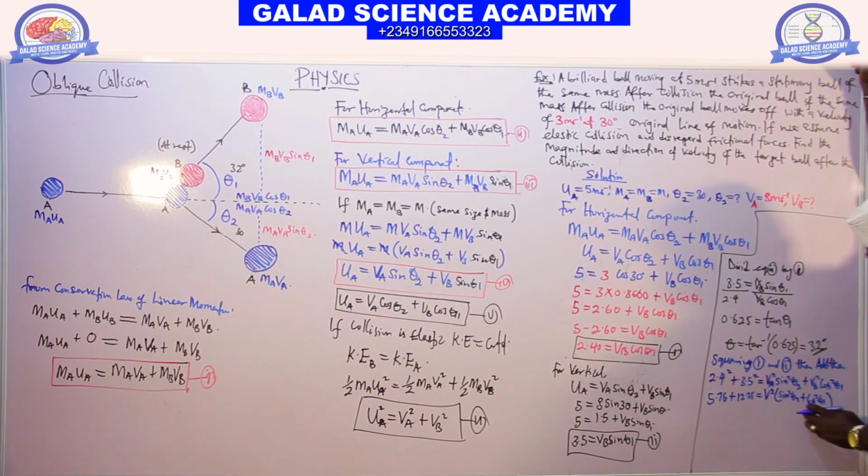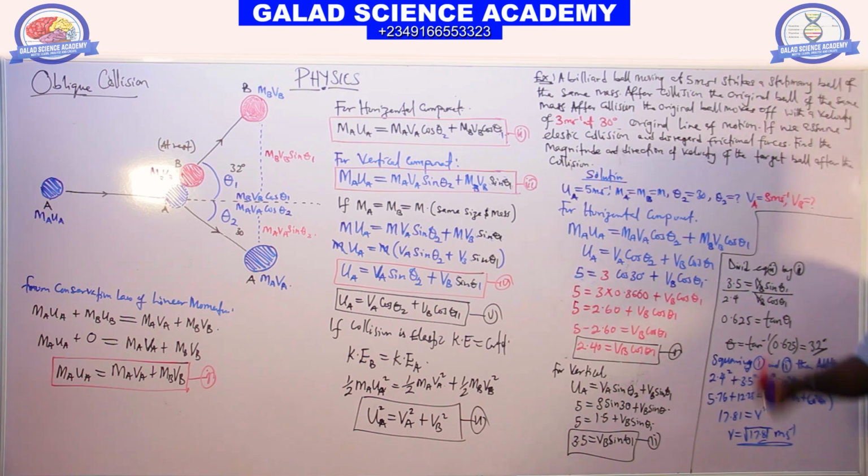Everything here is equal to 1. So if we add this together, we have 17.81 equal to V square. And V will be the square root of 17.81. Where's your calculator? The final answer you get here will be in meters per second. That will be the final answer.